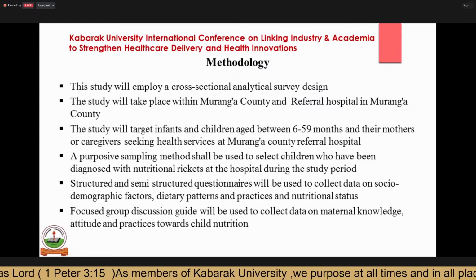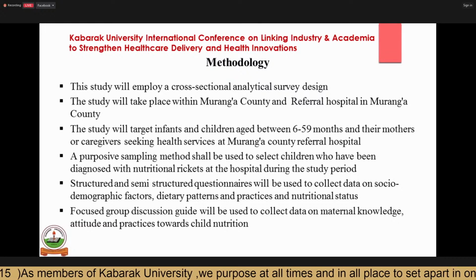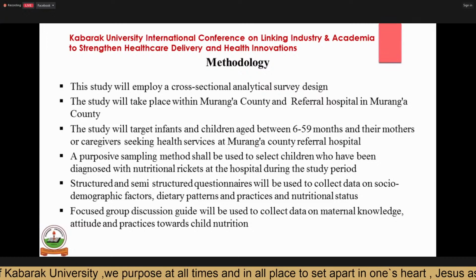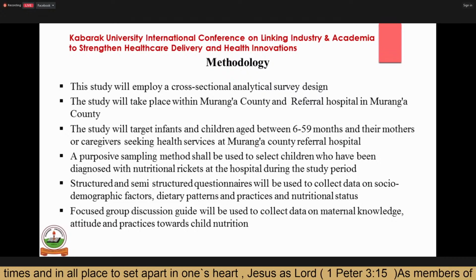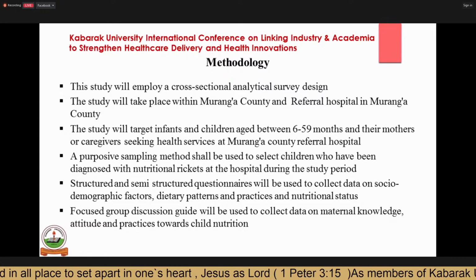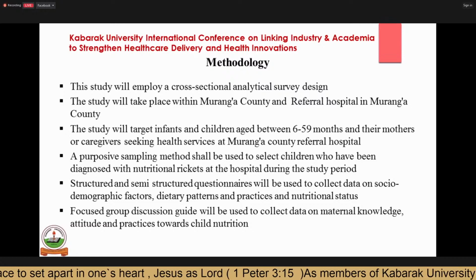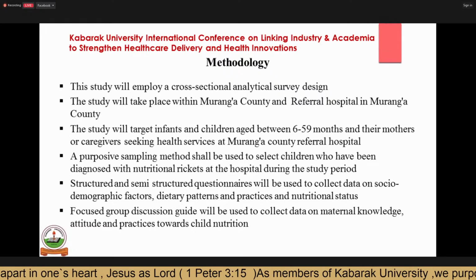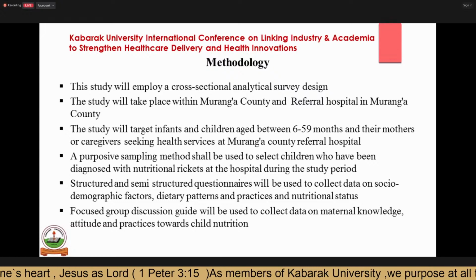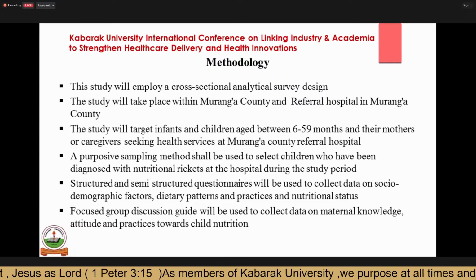The positive sampling method shall be used to select children who have been diagnosed with nutritional rickets. And structured questionnaires will be used to collect data on socio-demographic factors, dietary patterns and practices, and nutritional status. A discussion guide will be used to collect data on maternal knowledge, attitude, and practices towards child nutrition.